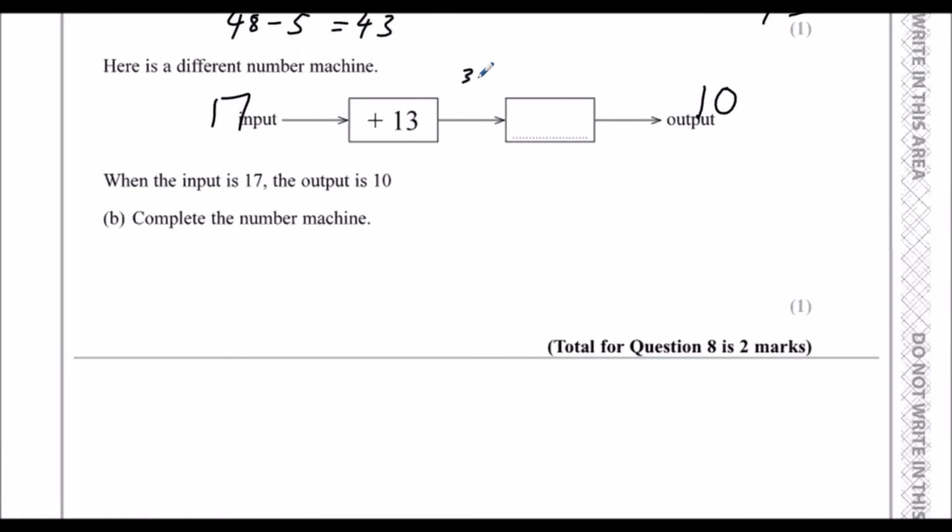So we've got 30 here. What have we got to do to get to 10? So we've got 2 options really. We can divide by 3, or we could have also taken away 20. Either one of those 2 answers would get us to 10.